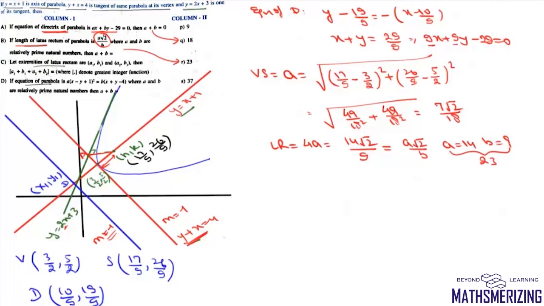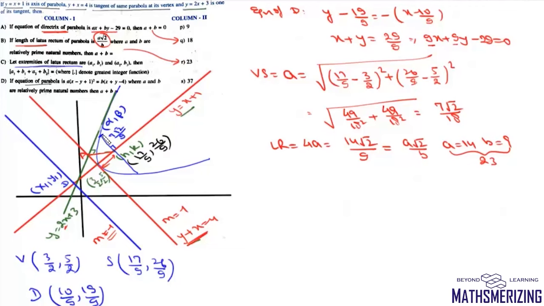Now the third thing that we need to find is the extremities of latus rectum. So we know that latus rectum is a line which passes through focus and is perpendicular to the axis. So what we'll do is we'll say this point is, suppose, alpha comma beta, and it is at a distance of 2a. And what's 2a? 2a is 7 root 2 by 9 units.